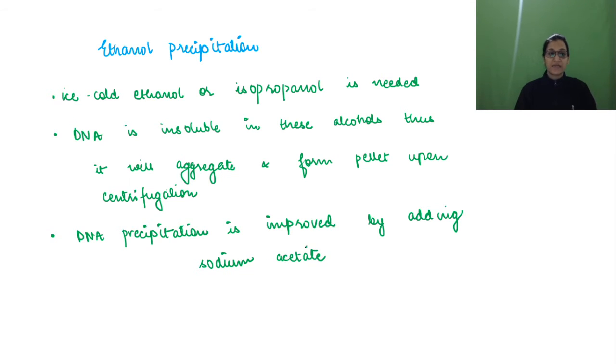So in ethanol precipitation, what words you need to remember is use of ethanol and isopropanol. And why so? Because DNA is insoluble in them. So they are going to form aggregate, and the whole process can be improved by addition of sodium acetate.